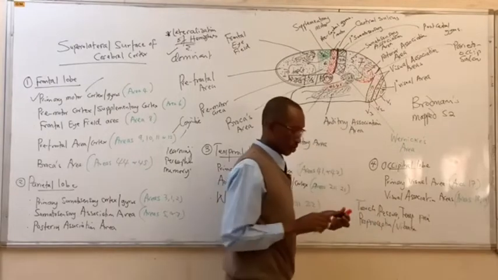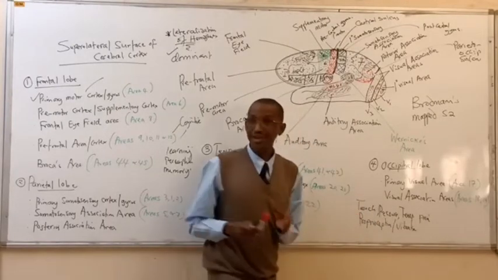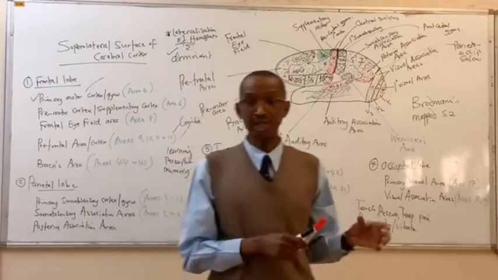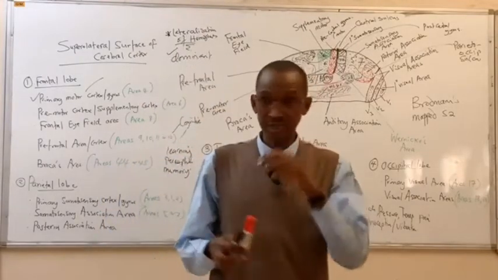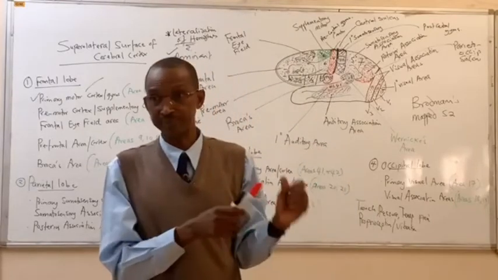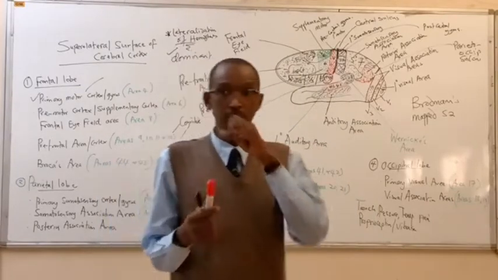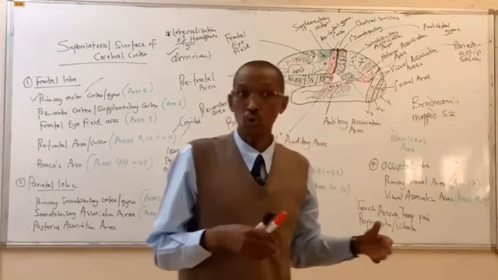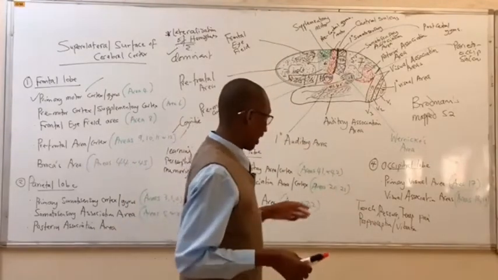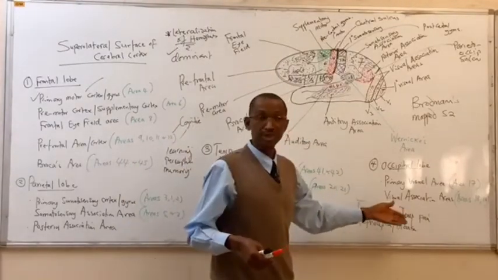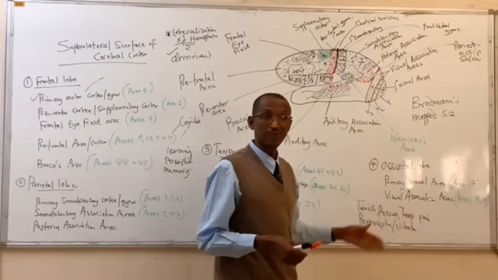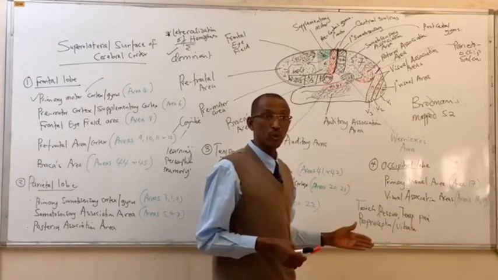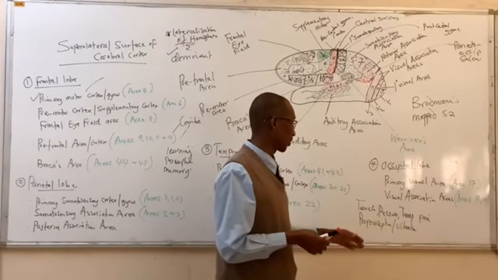Touch, whether deep or superficial, can be fine touch or crude touch. For temperature, we have low or high temperature. For pain, we have slow pain, fast pain, sharp pain, and so on.